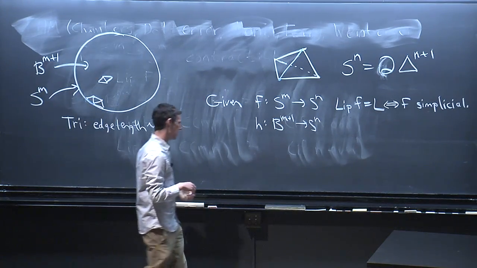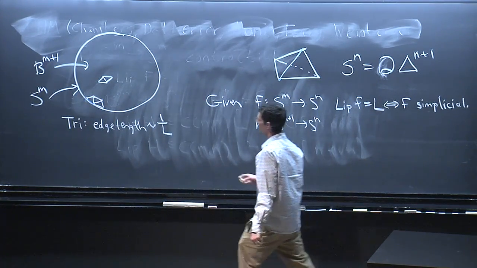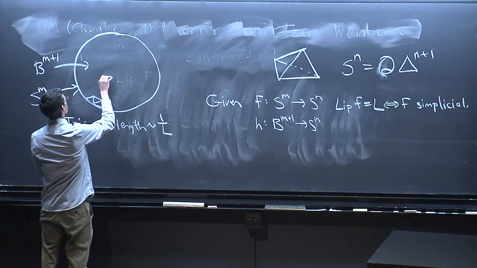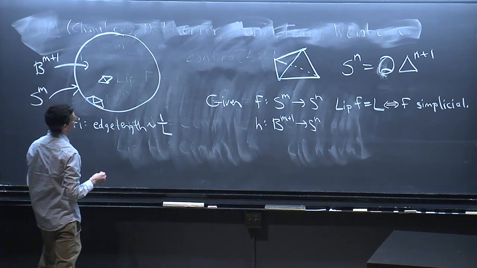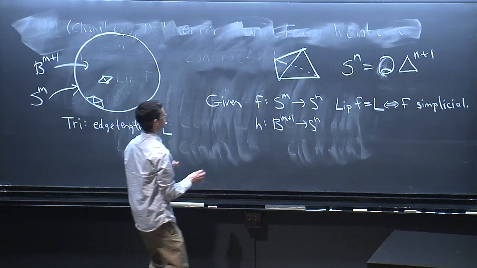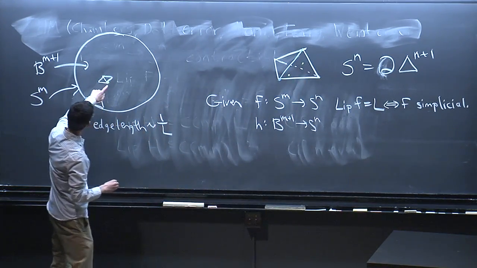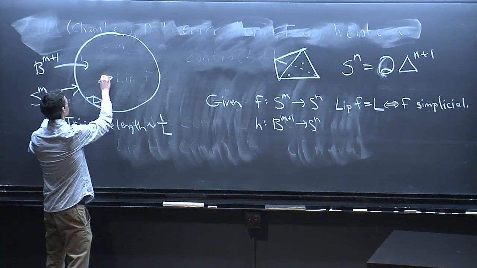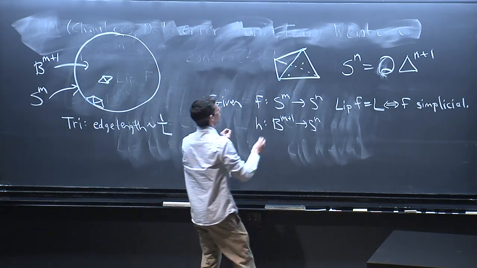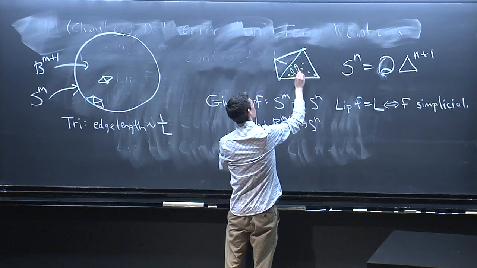On the inside, on the other hand, life is different. If I take two vertices on the inside, first of all, they may not be mapped to vertices. Maybe they're mapped here and here. That's not such a big deal. But also, I have no control at all on what happens to the edge between them. So this map on the edge may be very long and wiggly.